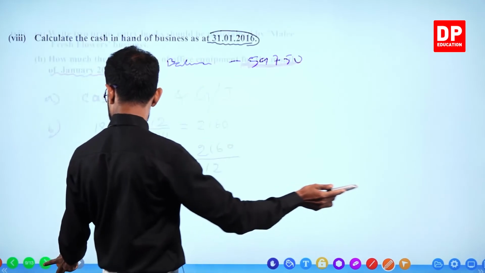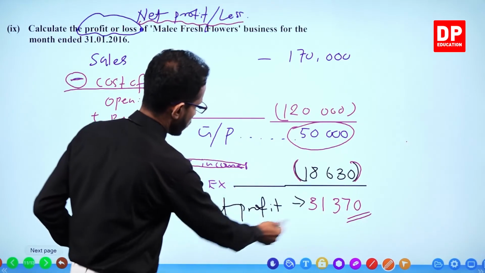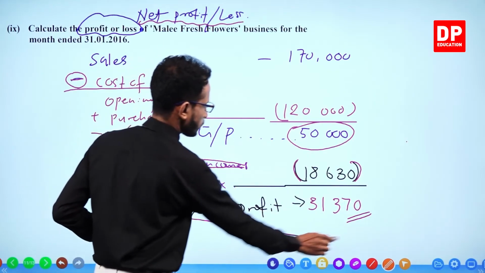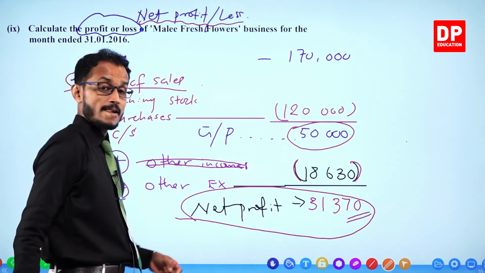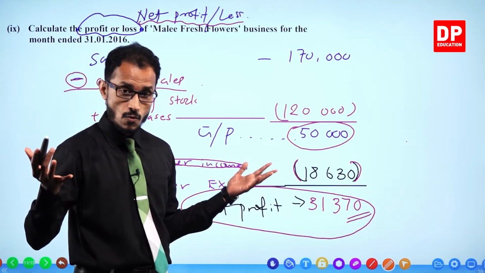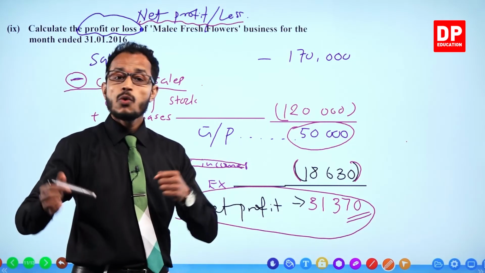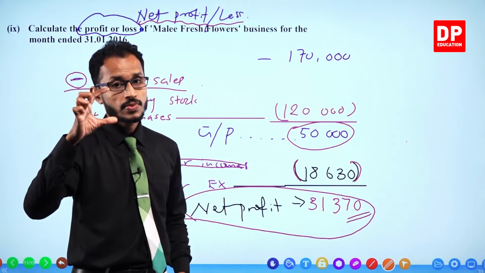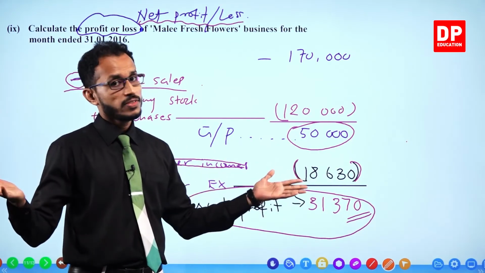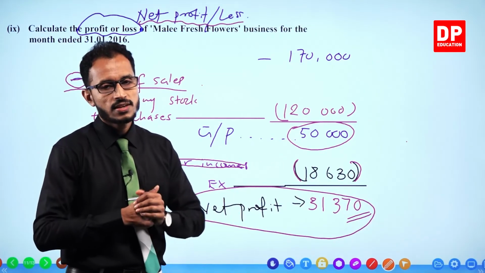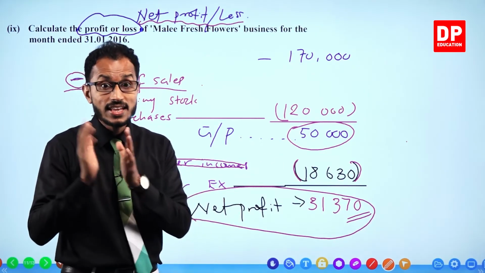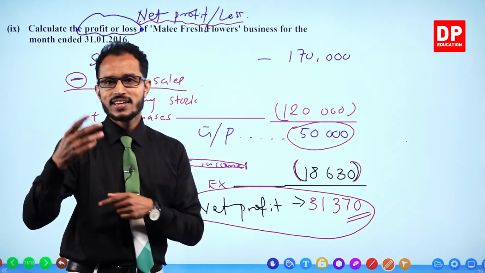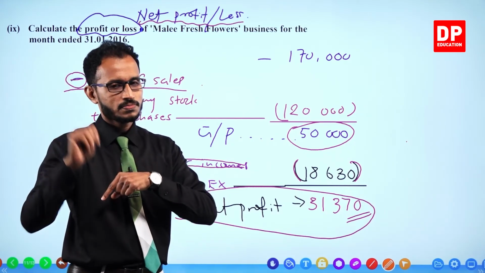Here we have the profit. Net profit. That is the short way. If we have opening capital, children, add the net profit of that period, you get closing capital. Add the net profit to opening capital, that is 40,000.